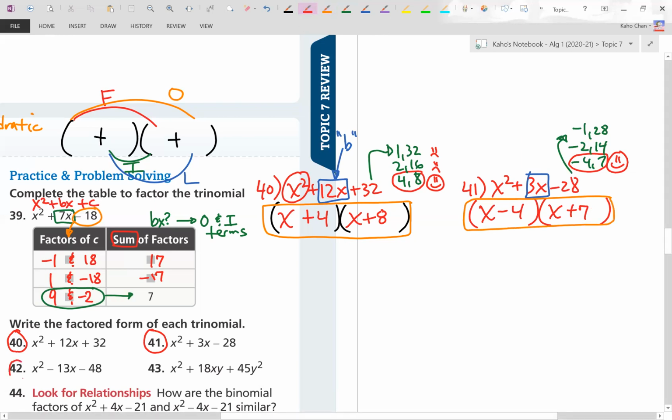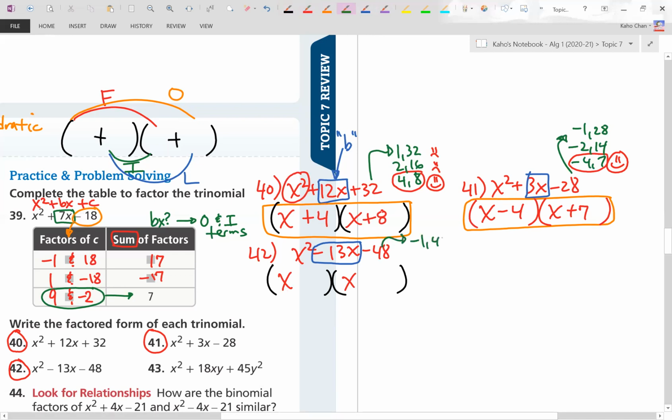42 is next. This guessing and checking is not too bad. You can write it down if you can't do that mentally in your head. That's okay. Ooh, negative 42. My middle term is negative 13. Be careful there. All right, here we go. So there's only one way where we get x squared, right? x and x. Negative 48, there's a lot of possibilities.